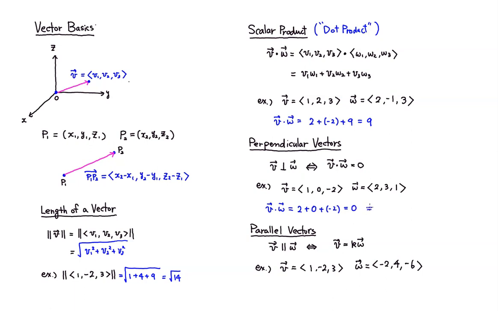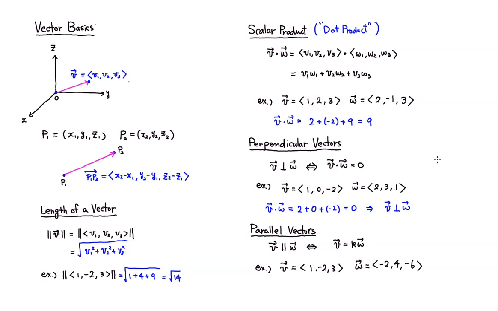This implies that vector v is perpendicular to vector w. If it's not 0, then they're not perpendicular.